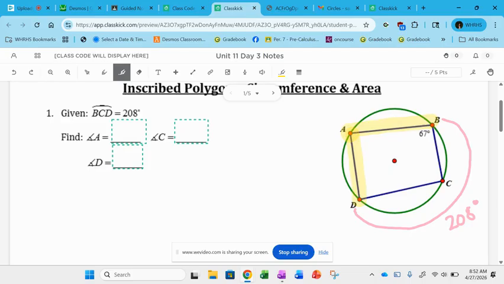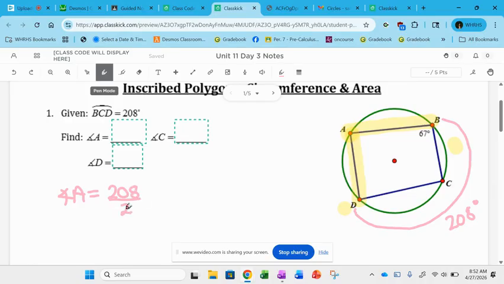I don't know if it's eating the diameter because there is no diameter drawn, so I can't say it's a right angle. But we learned the formula saying an inscribed angle ends up being the arc that it's eating divided by 2. Isn't it eating that whole arc from B to C to D? So angle A is going to be 208 divided by 2, so angle A is going to be 104 degrees.